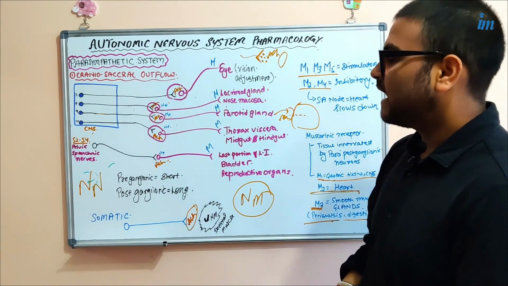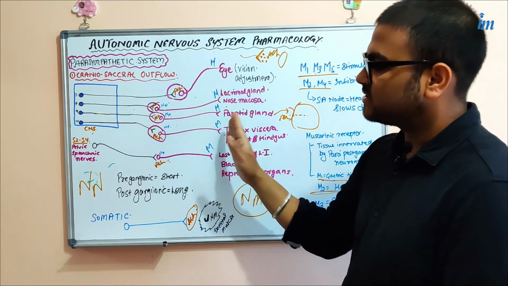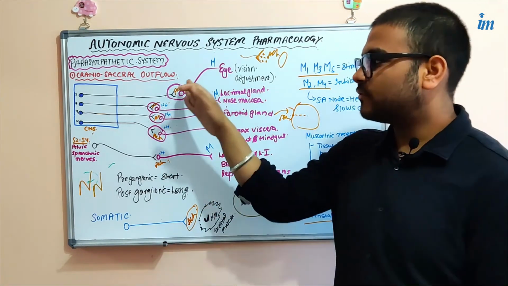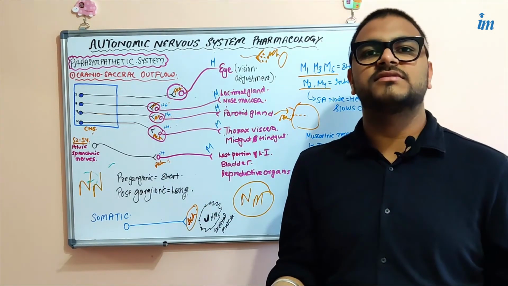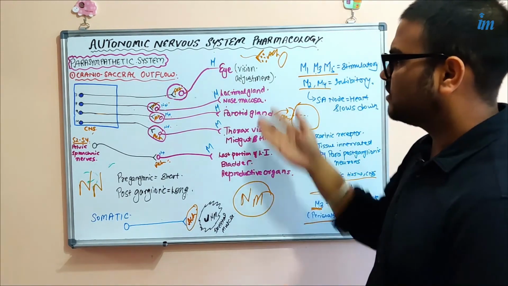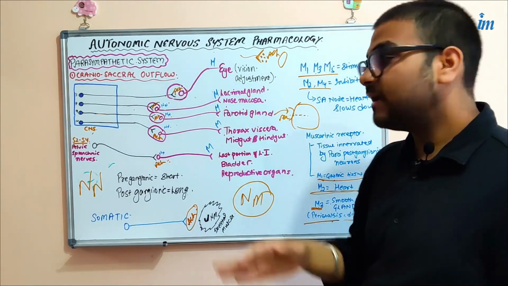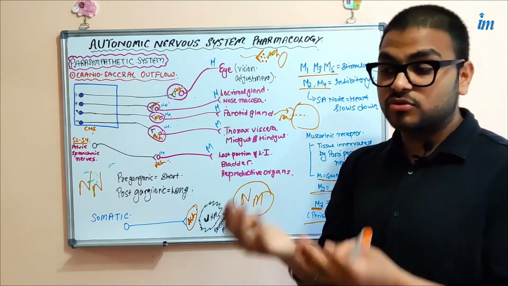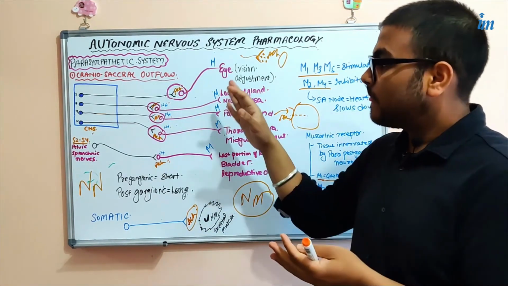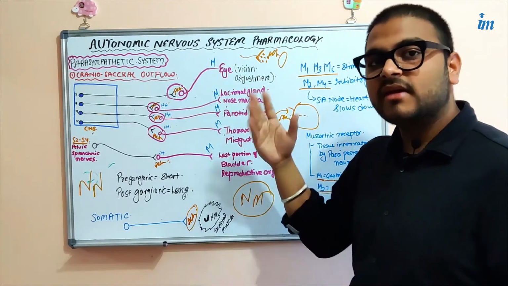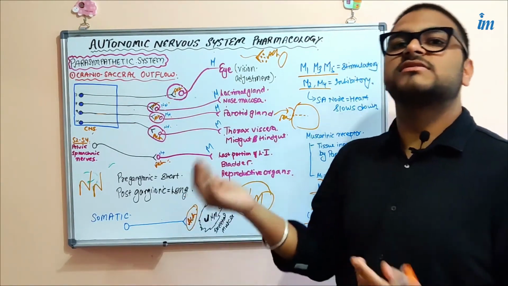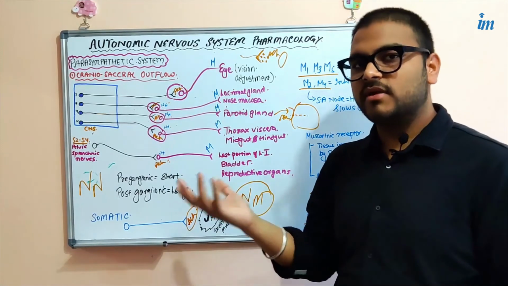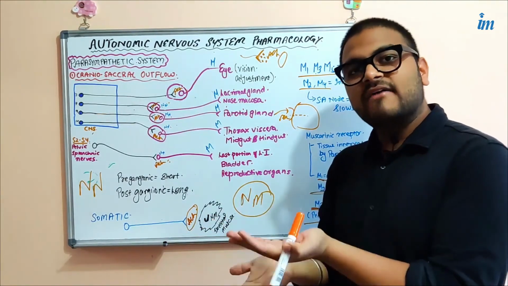Okay, and the postganglionic neurons that arise from the ganglion in the sympathetic nervous system also innervate the various organs that are innervated by the parasympathetic neurons. So if the parasympathetic nervous system is innervating the eye, there will be some neurons of the sympathetic nervous system also innervating the eye, so they will have a balance.